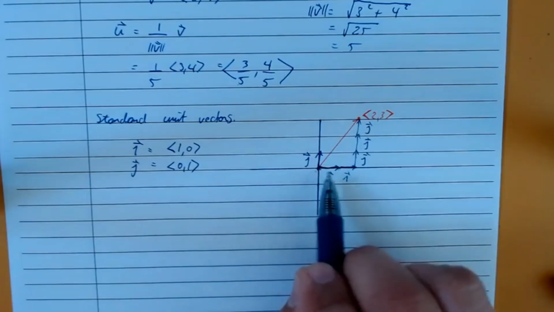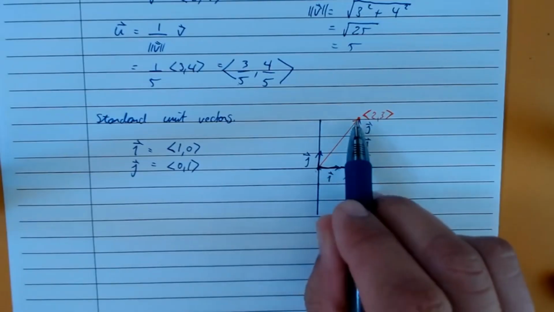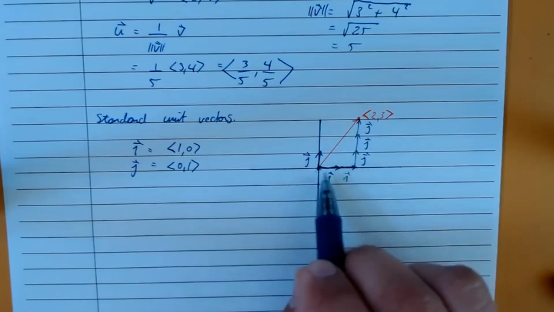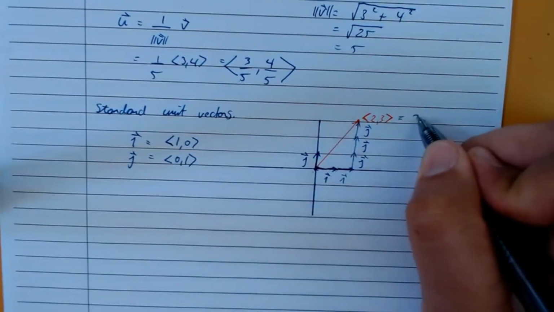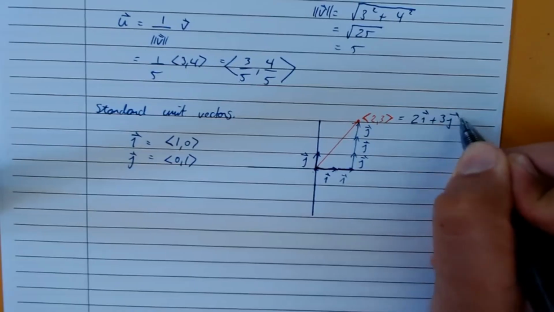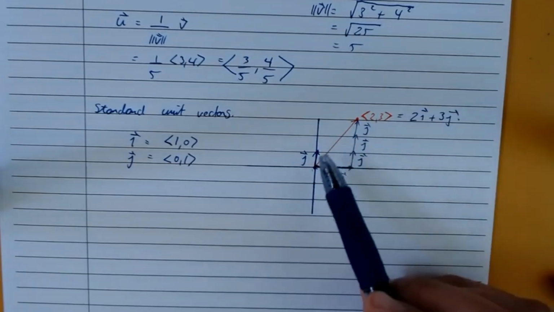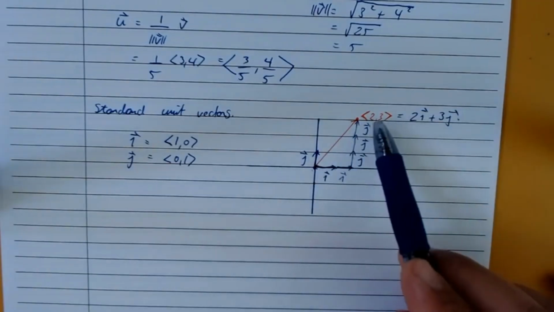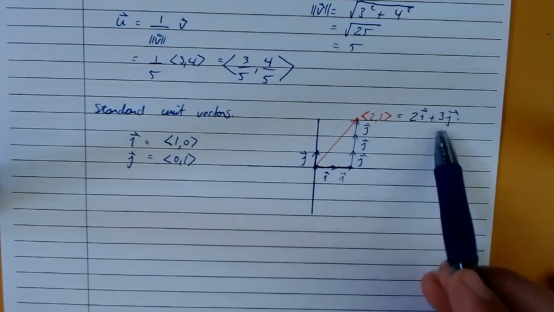So starting from the origin, I could apply i, and then i again, and then j, and then another j, and another j. Or in other words, 2i and 3j. So this vector can also be written as 2i plus 3j. While this doesn't change what that vector is, it's simply a different way of writing it. This is component form, and this is as a linear combination of unit vectors.